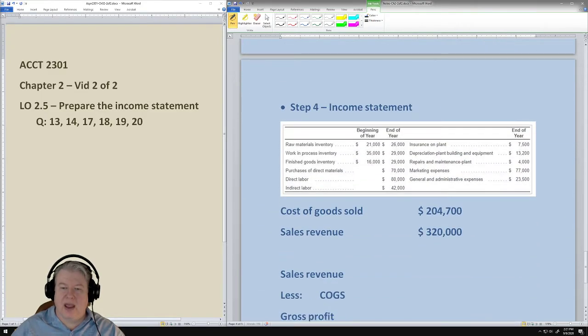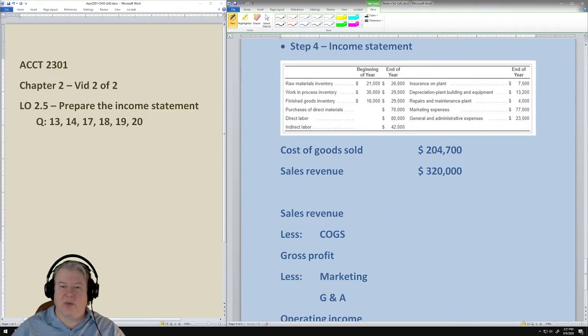And here's our income statement information. Now, it doesn't list it here in this chart, but typically there will be some text, or there may be a line item that will tell you the revenue. You have to have some sort of revenue number to make an income statement.